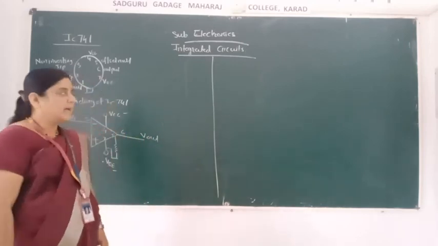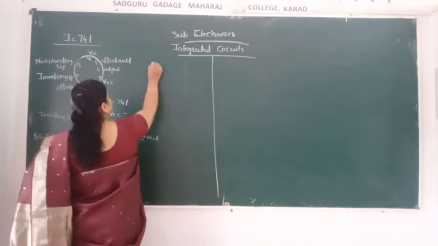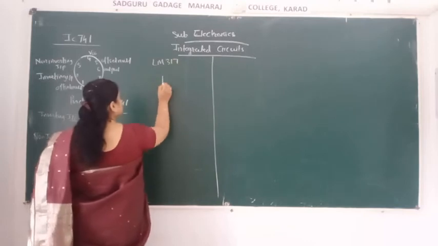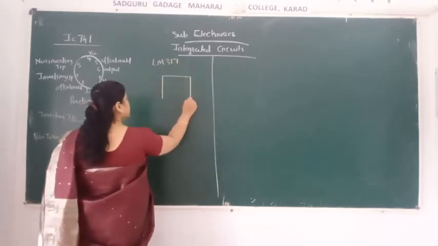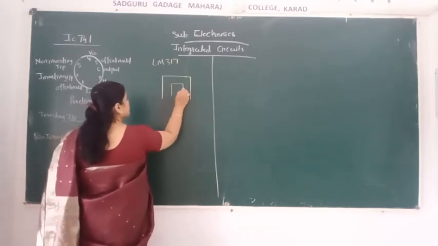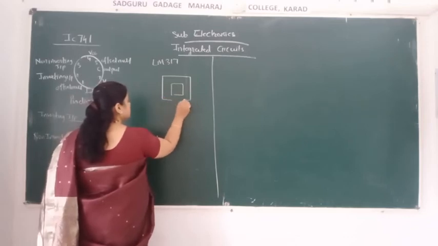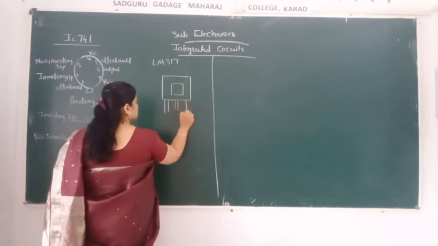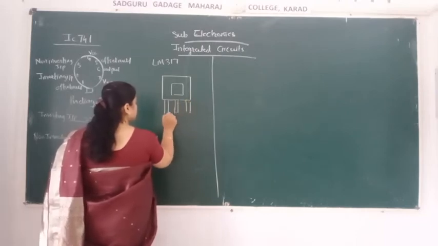So next is the regulator IC, that is the LM317 IC, that also we have seen in the power supply chapter. How many terminals does this IC have? 3 terminals. Terminal 1, 2 and 3.